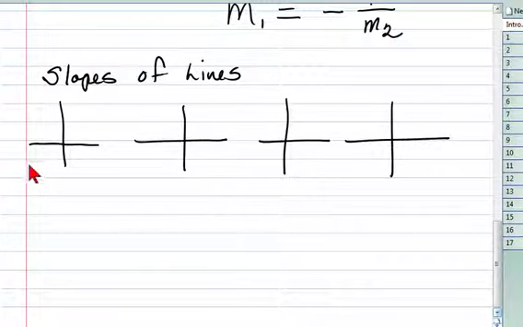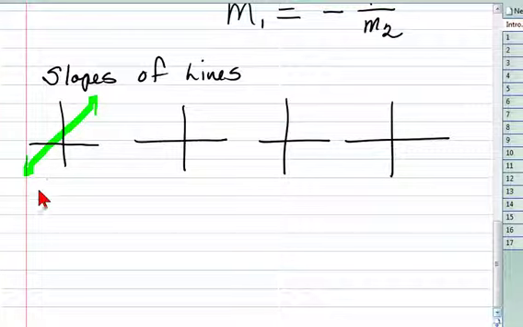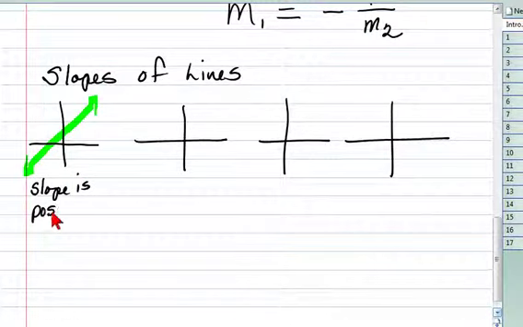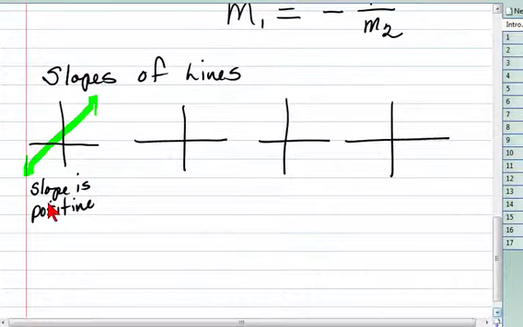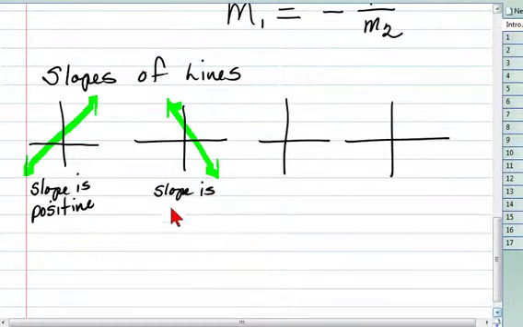If your line slants up and to the right, slope is positive. If your line slants down as you go from left to right, a falling line, slope is negative.